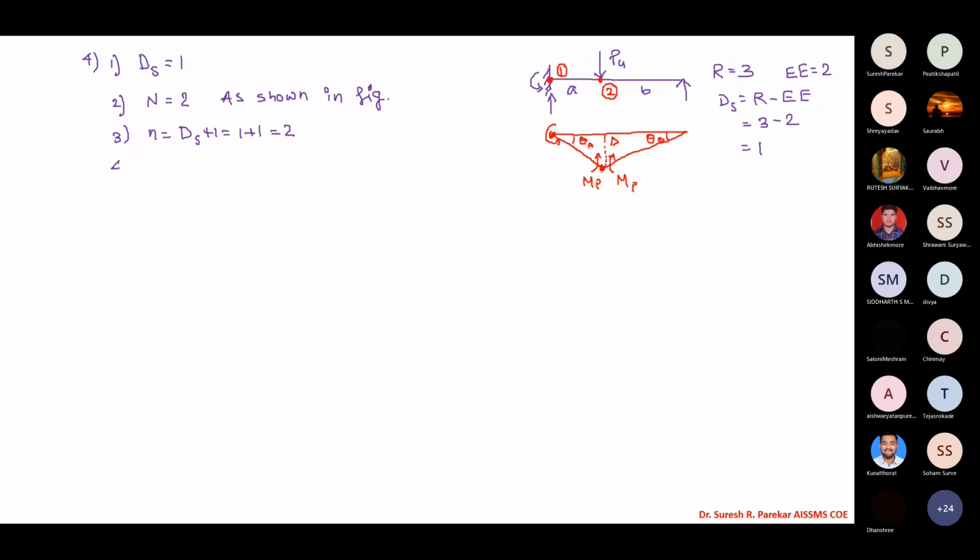Number of independent mechanisms is equal to n minus ds. N is 2, ds is 1, so 1. And fifth, plastic moment.